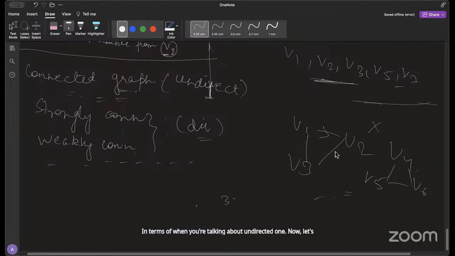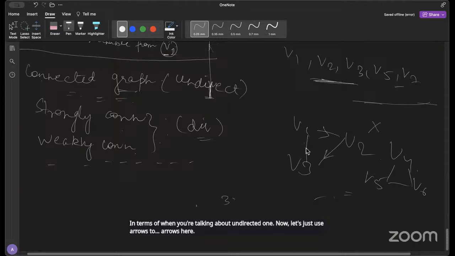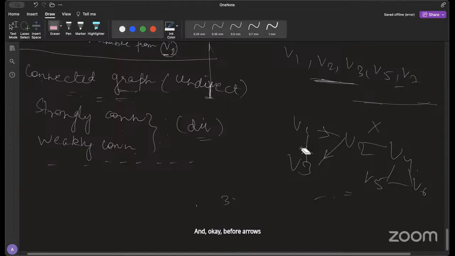Now let's just use arrows here. Okay, before arrows, let's just do this thing. Now if you have this thing, can I say that this is a connected graph? Yes. Okay, now this is a connected graph, and this is obviously an undirected graph.